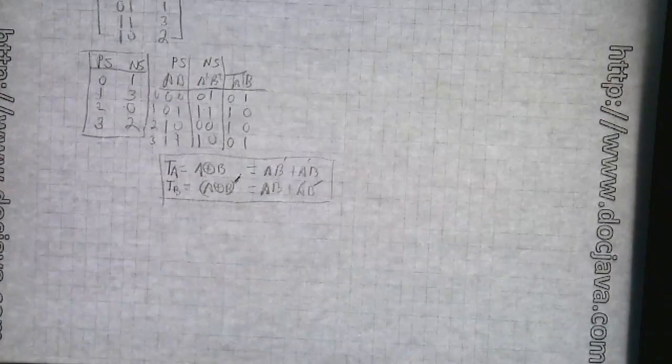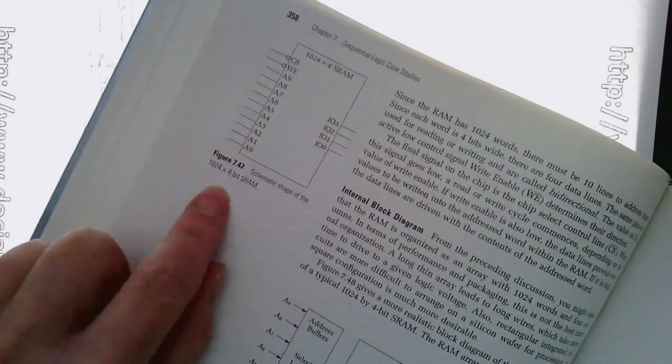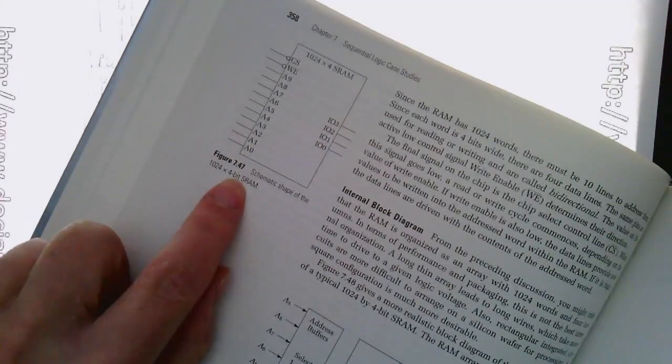So if you're reading along and you go to page 358, let me see if I can show that one to you. This is right out of the book. There it is. So it's only got 4 bits coming out, and it says right here it's 1024 by 4 bits of static RAM.